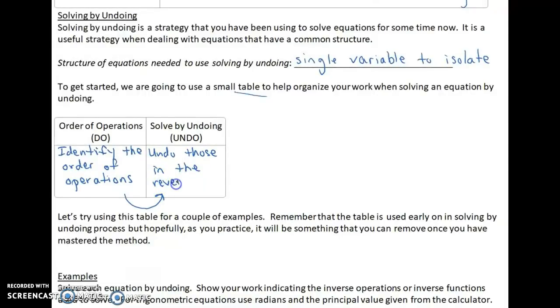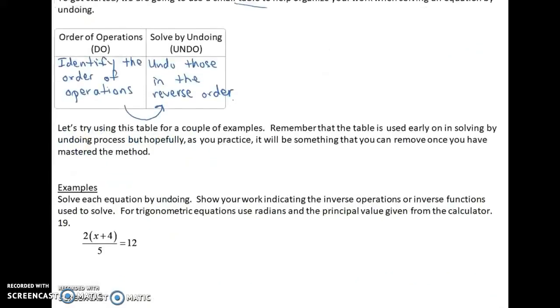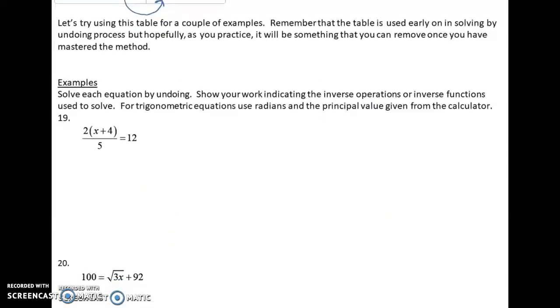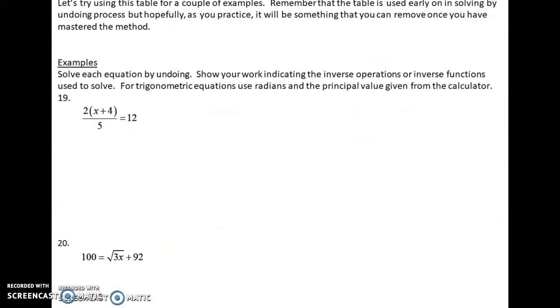All those operators and functions have inverses. And we always do that in the reverse order. That's what solving is. Solving is simply looking at the order of operations and undoing those order of operations in the reverse order. So this do-undo table is going to help you organize your work to see how you would solve that equation. Okay, so let's try it for a couple of examples.